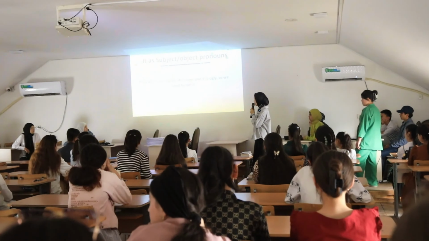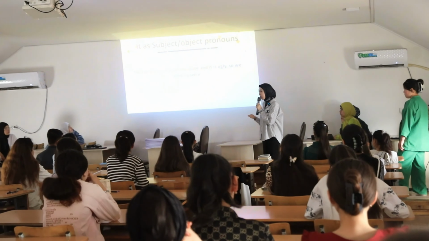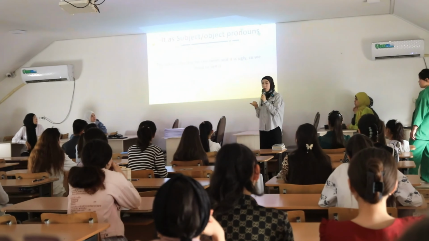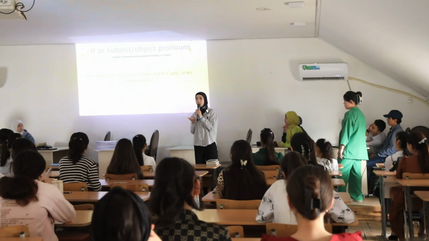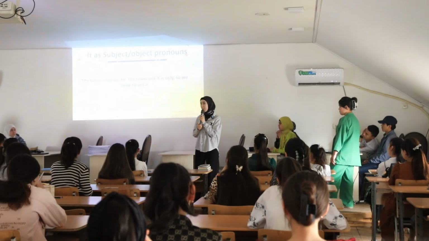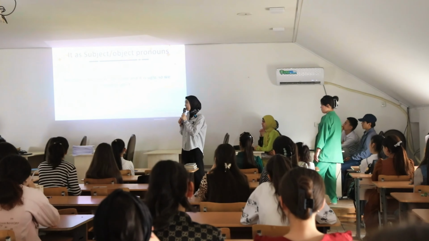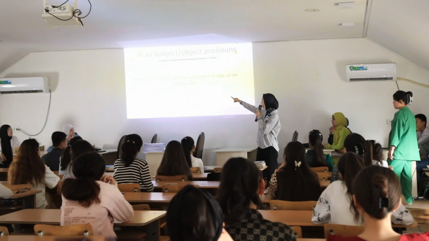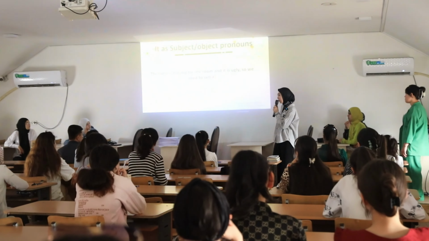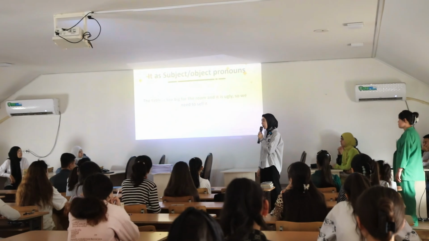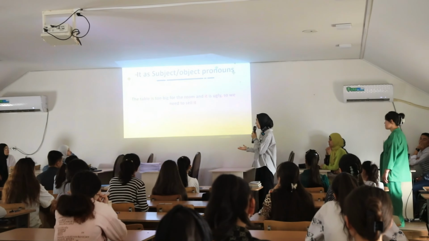And next is about it. We know what it is, right? It is a pronoun, and sometimes it works as a subject or object pronoun. The simplest example here is, the table is too big for the room and it's ugly, so we need to sell it.